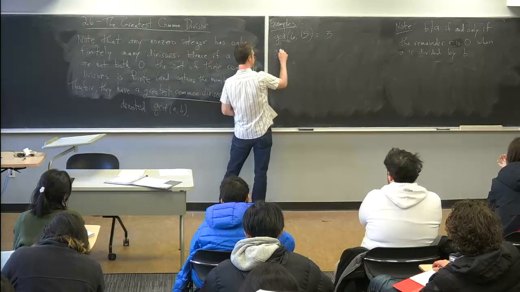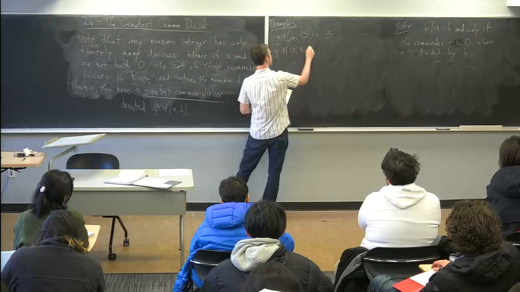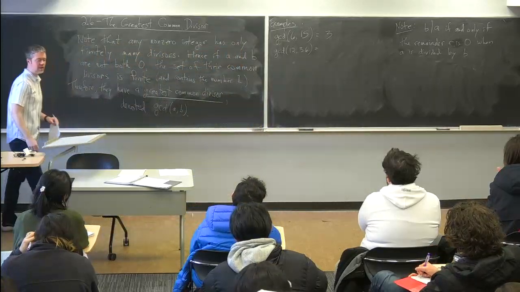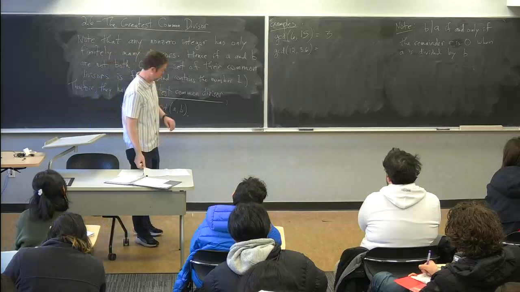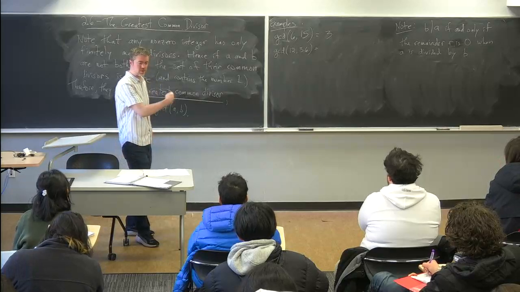Just some other examples that are maybe sort of extremes in one way or another. Here's another one just to look at and see what happens. In this case, what you might notice about the pair of integers is that 12 is in fact a divisor of 36, right? But any number also divides itself.